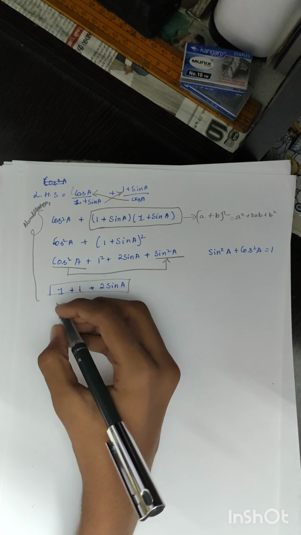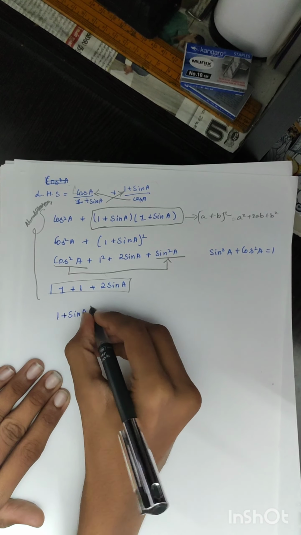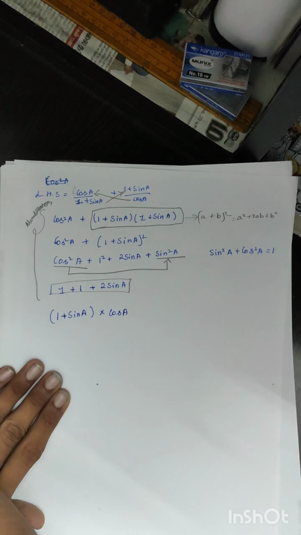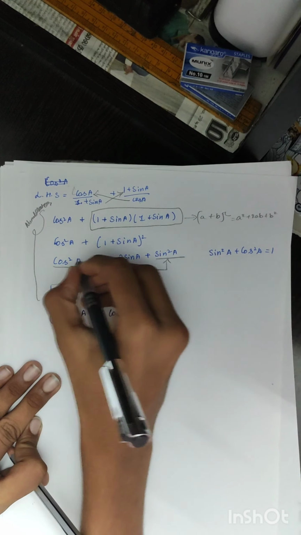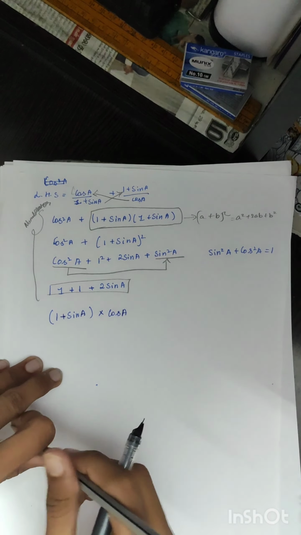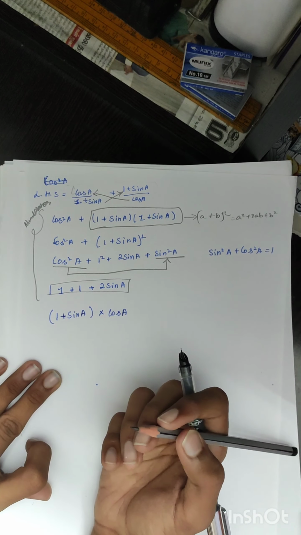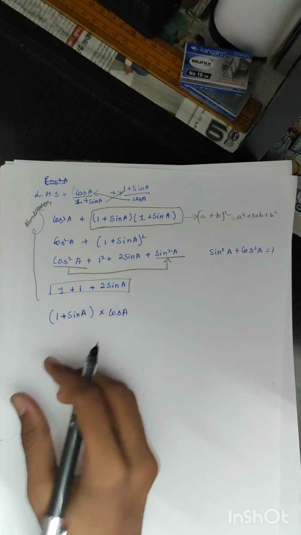Here the denominator is 1 plus sin A into cos A. Instead of multiplying it out the other way, which is a little clumsier for me, I'm doing it like this.